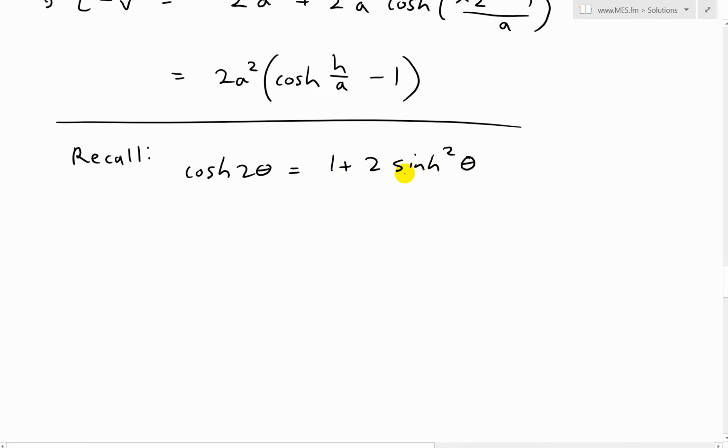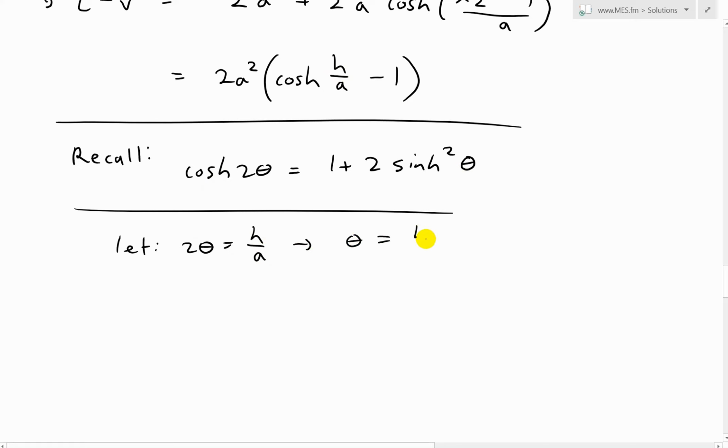So in this case, what we'll do is let 2 theta equal this h over a, so we have a cosh with this one there. Then this theta is equal to h over, we'll move this 2 to the other side, so 2a like that.